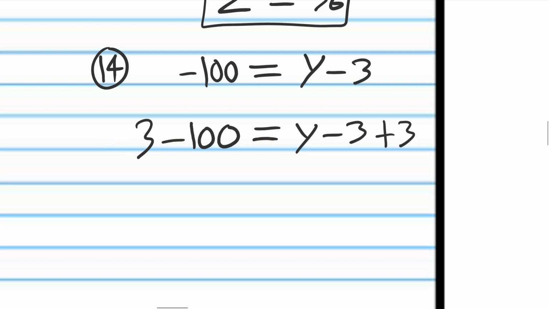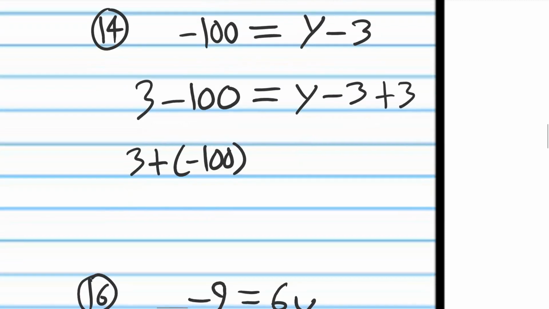What you're going to find as you go through algebra is that the sign of a number is always to the left of the number. So if you don't see anything here, that means it's a plus 3. And 3 minus 100 is the same thing as 3 plus negative 100. These are all things that you're going to have to learn.